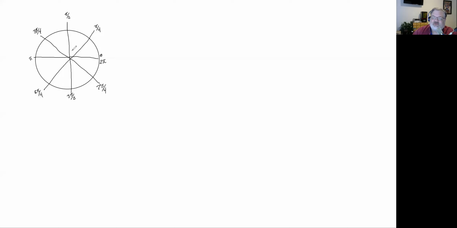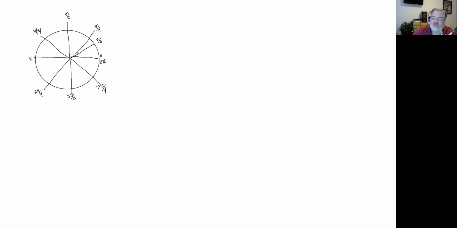If instead of cutting this into half again and getting pi over 8s, which we actually don't want, we'll talk about why in a little bit, instead of cutting this pi over 2 in half, we cut it by a third, that gave us the pi over 6, and then we could count pi over 6s all the way around in the same way.